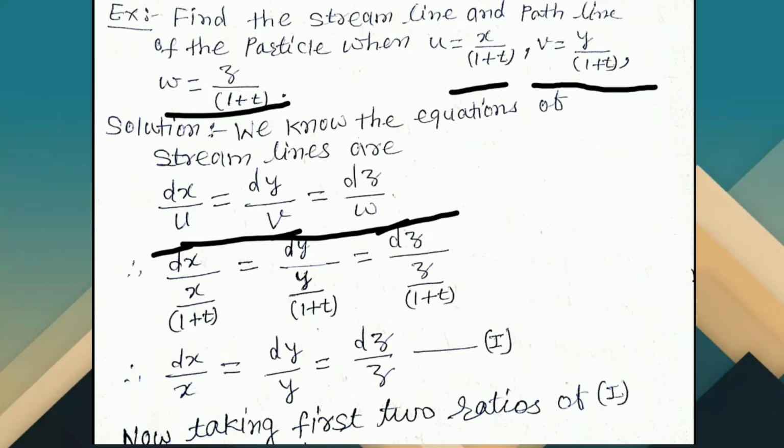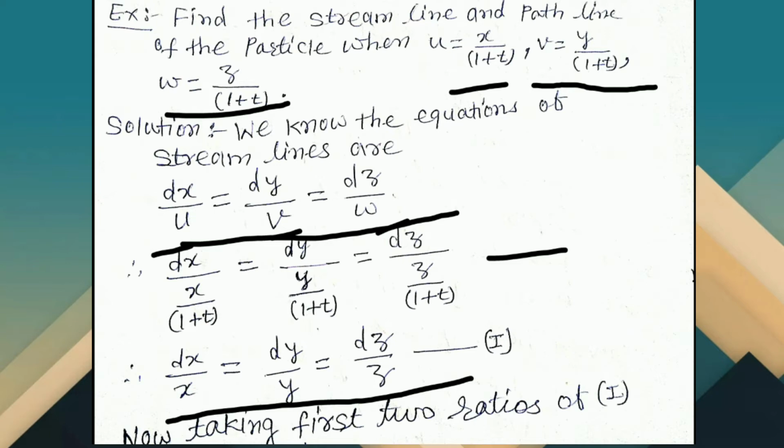We get dx upon x upon 1 plus t is equal to dy upon y upon 1 plus t is equal to dz upon z upon 1 plus t. So all these 1 plus t will be cancelled, and we get dx upon x is equal to dy upon y is equal to dz upon z, which is equation first.